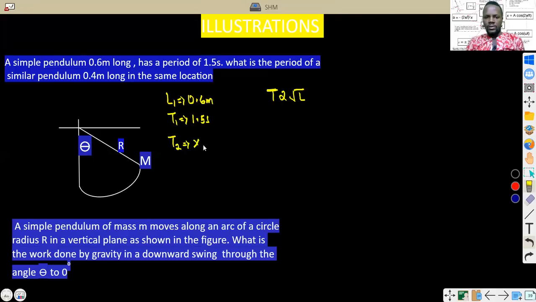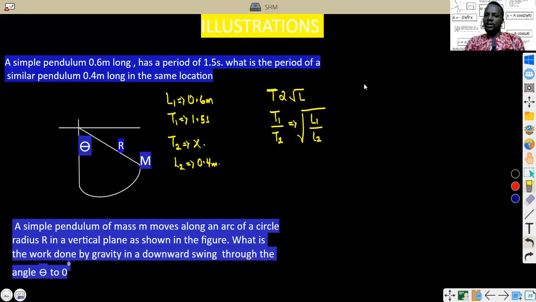I'll call that x, when the similar pendulum has a length of 0.4 meters. Since the period is proportional to the square root of length, setting the relationship, period 1 divided by period 2 is equal to the square root of length 1 divided by length 2.